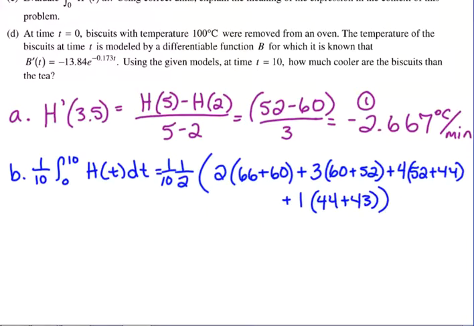Again, it's calculator active, so at that point I'm letting the calculator take over. You have to show the setup. You always have to show the setup on these. And then you put the answer. And then let's explain it.